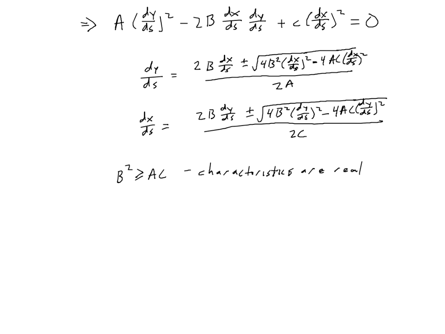And if characteristics are real, and if your boundary happens to lie on these characteristics, then you don't have a solution. And so what we do is we say if B squared is greater than AC, then we classify the PDE as hyperbolic.